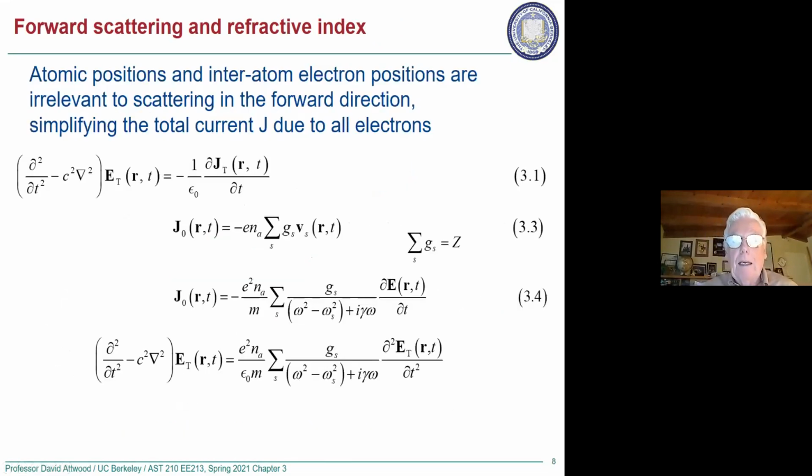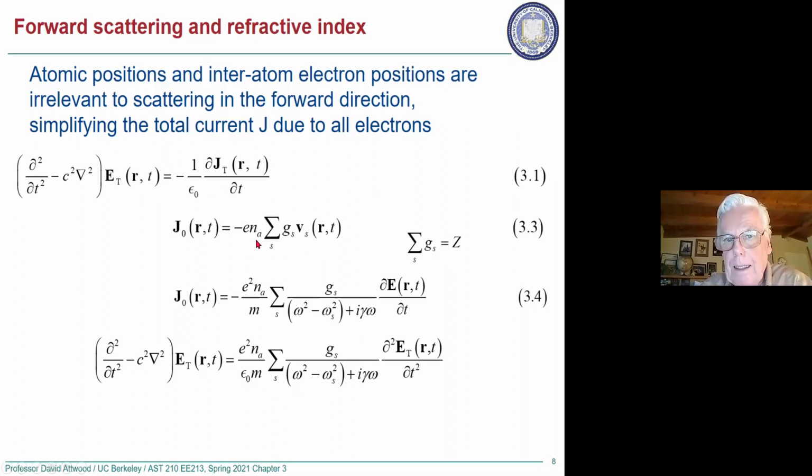So now, okay, let's get on to what is this refractive index. This is the wave equation, as we've seen, written in vacuum with some source of radiation where the current density J has this NQV.